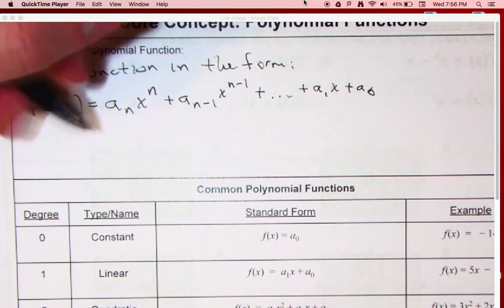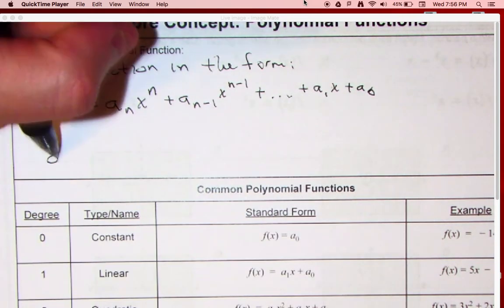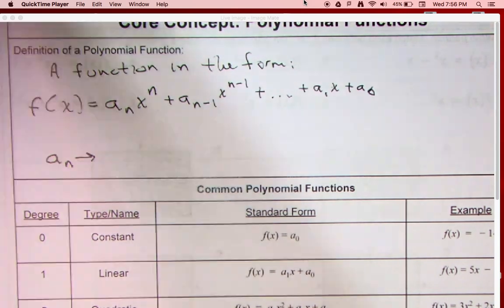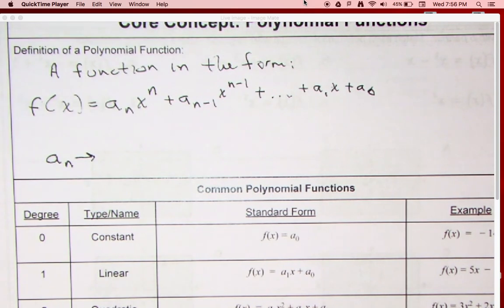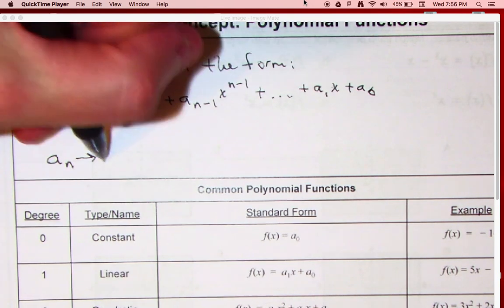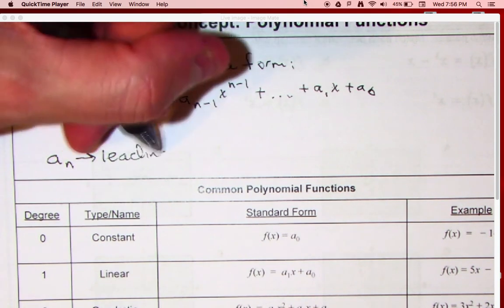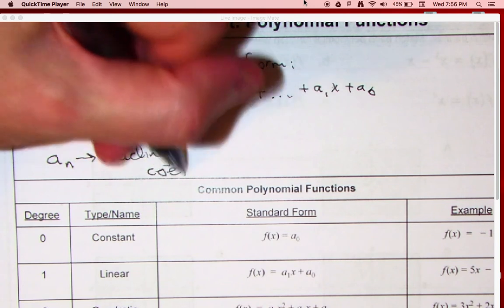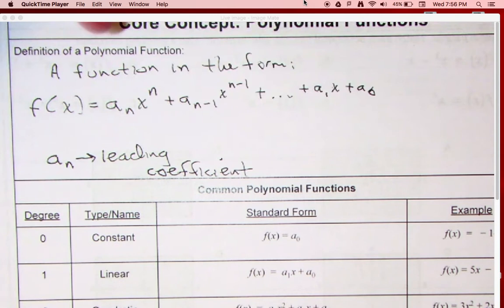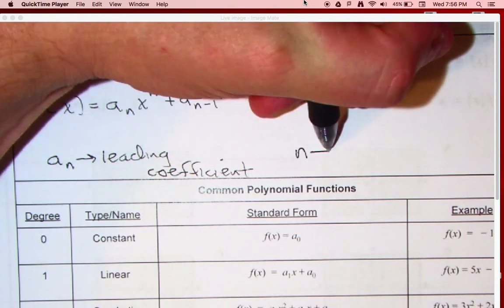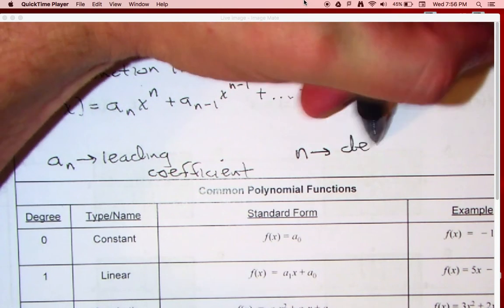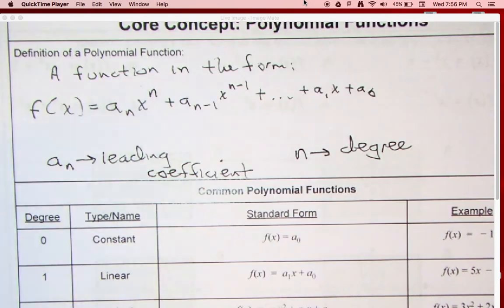A couple of things that I want to note. First of all, what a sub n is. We've talked about this before. If we have a polynomial and it's written in descending order, the first number out here, we call that the leading coefficient. And the n right here, the highest power that's listed, remember we call that the degree of the function.